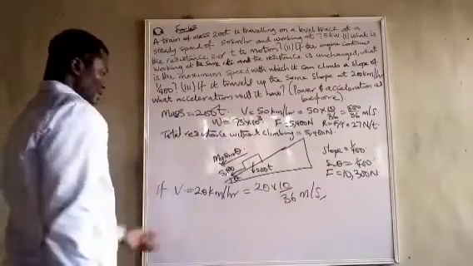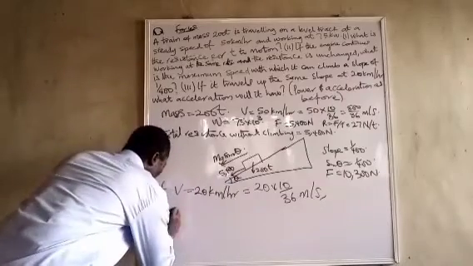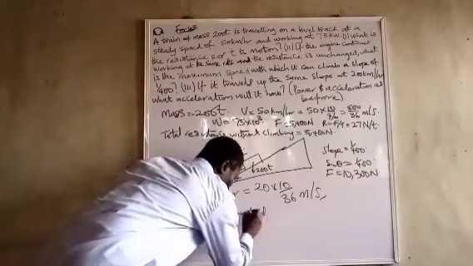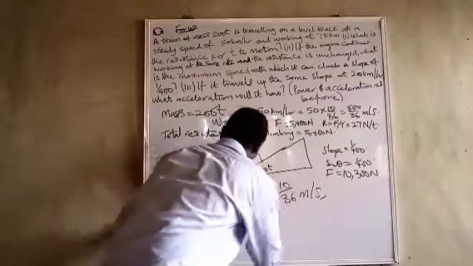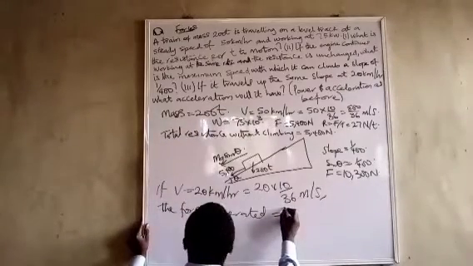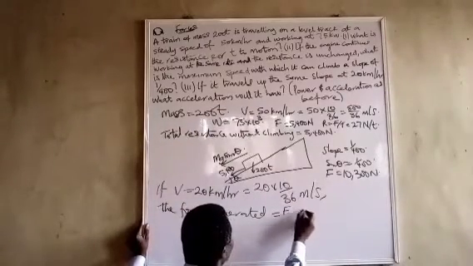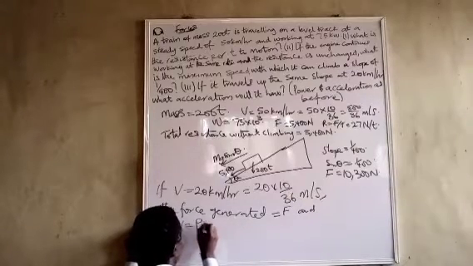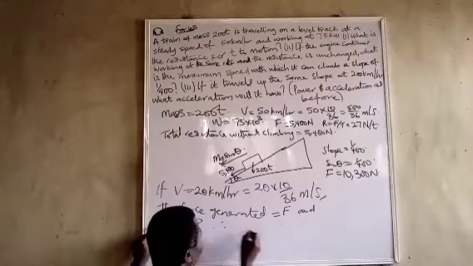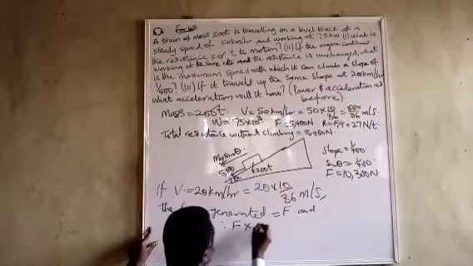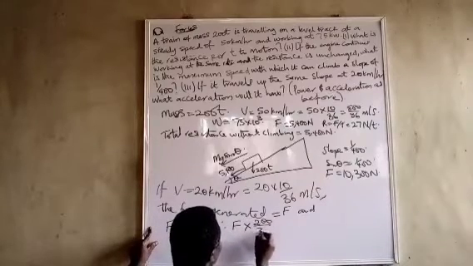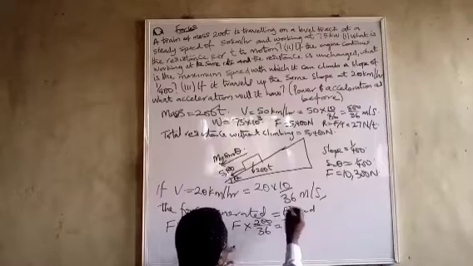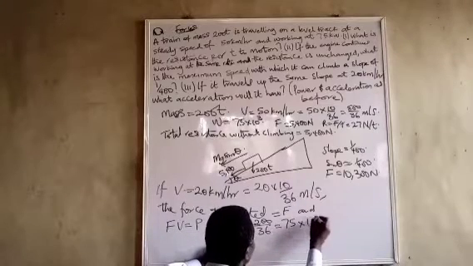So the force generated now, F times V will be equal to power. Therefore, this F times 200 over 36 will be equal to 75 times 10 raised to the power 3.